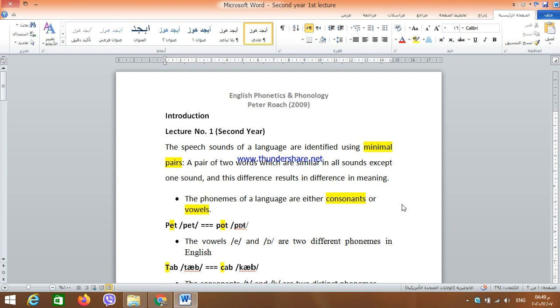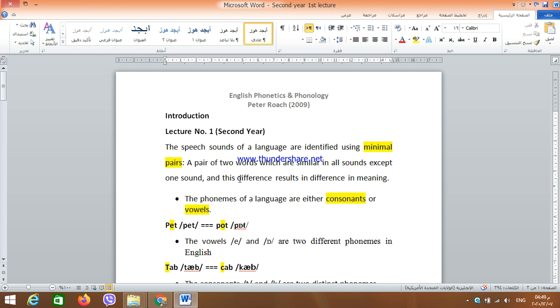If you remember, we said that we normally use minimal pairs in identifying the phonemes of a language. A minimal pair is to have a pair of two items or words, if you like, that are similar in everything, in all sounds, except in one sound.